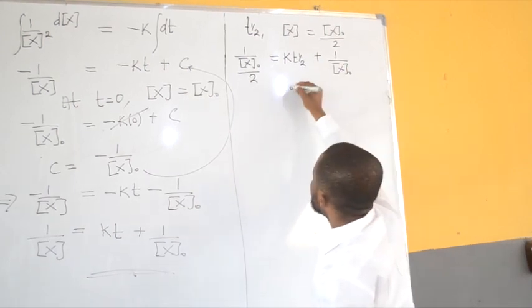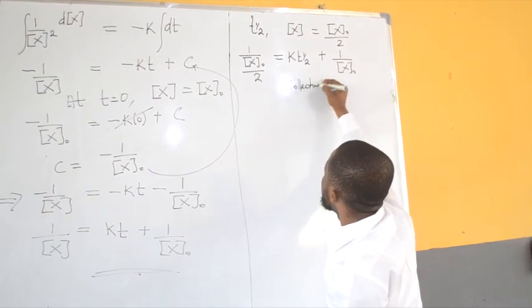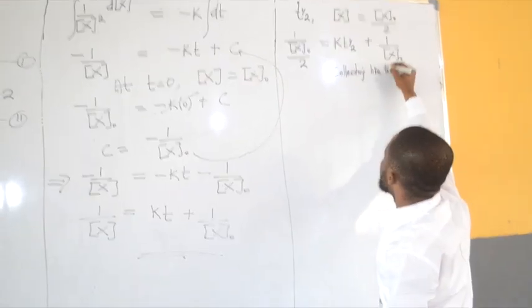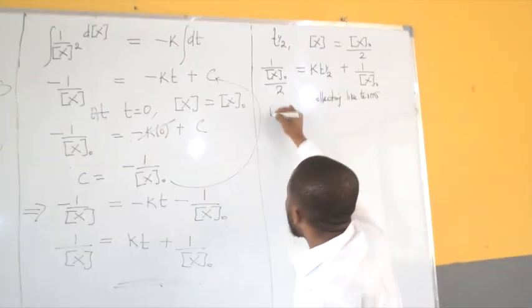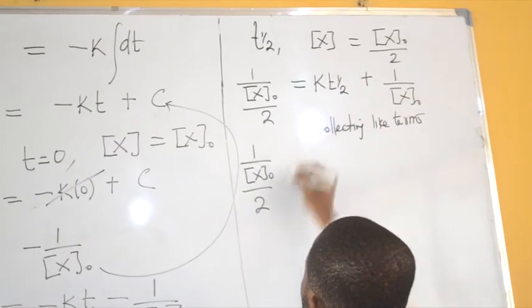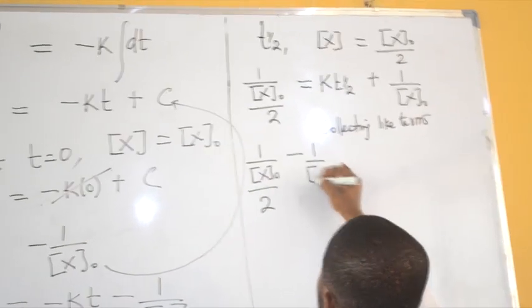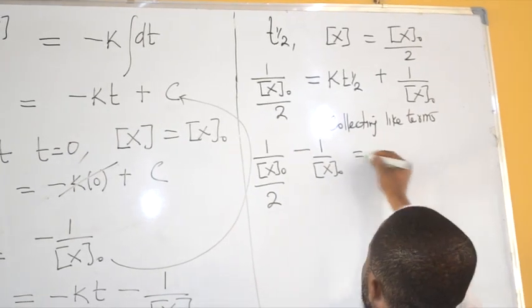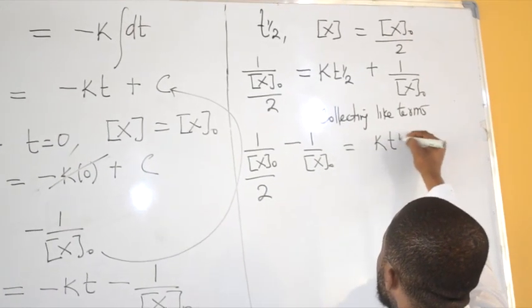So collecting like terms, I'll have that 1 over x naught over 2 minus 1 over x naught is equal to k t half.